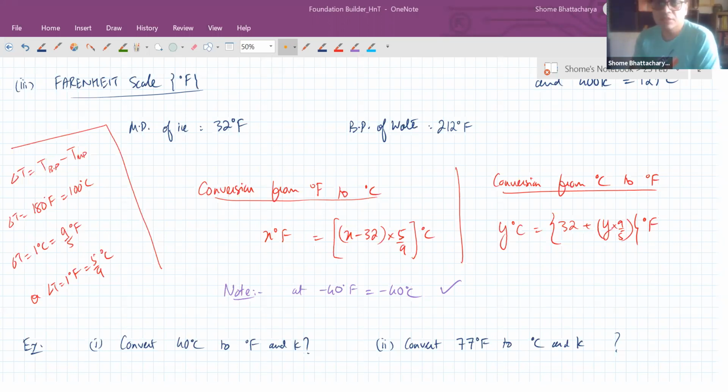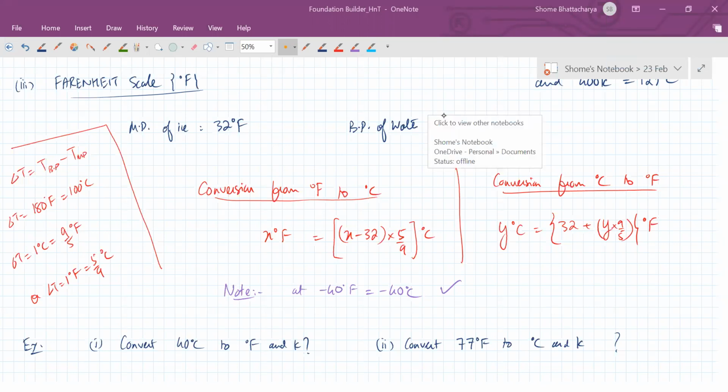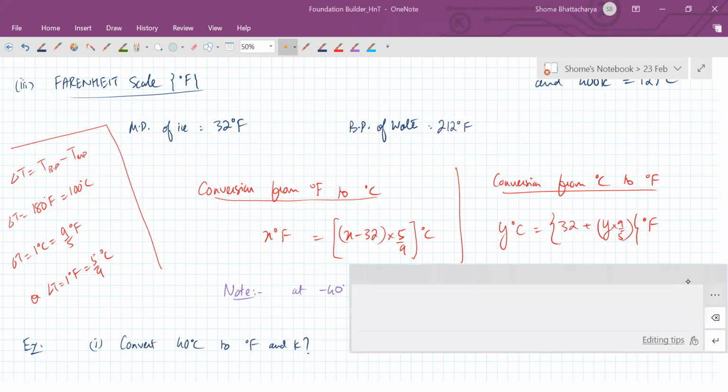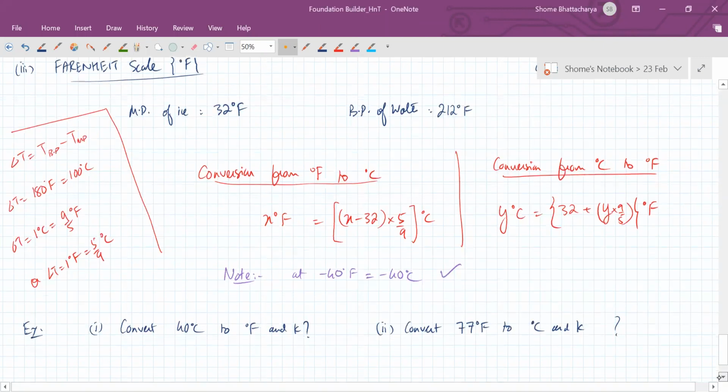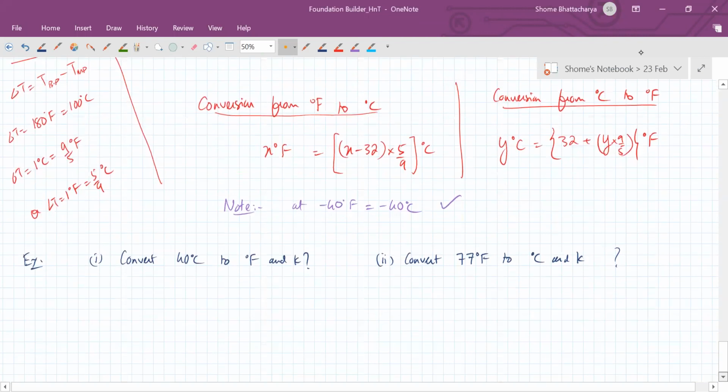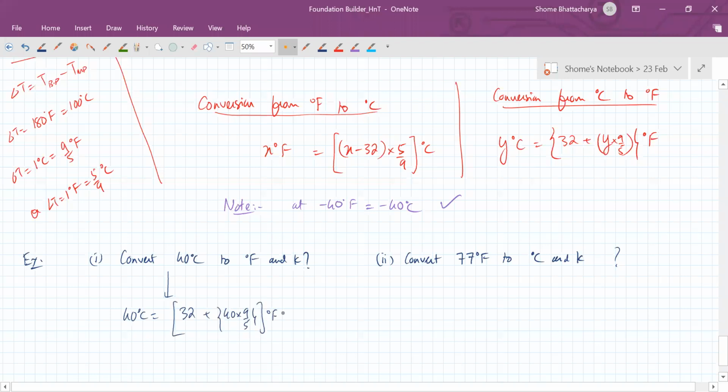Okay, people, I'm checking the answers. Yeah, very good. Correct, Aditi, Ruksar, Hitanshu. Just putting up the answers for everybody. So the first one, 40 degrees C will be equal to 32 plus 40 into 9 by 5 in Fahrenheit.